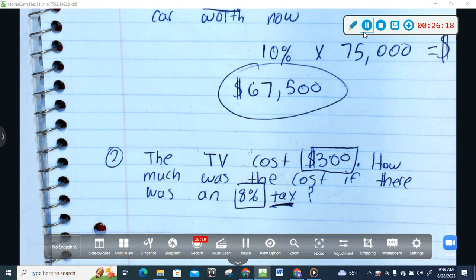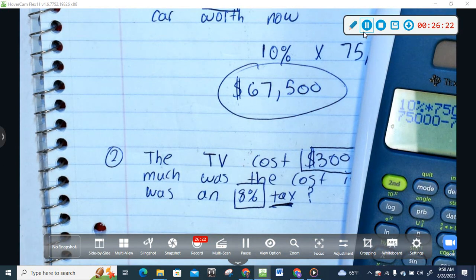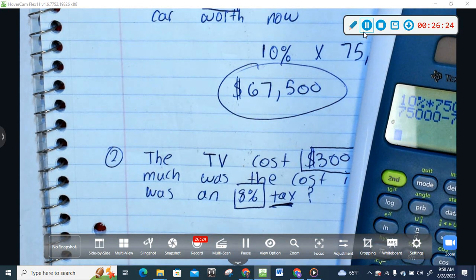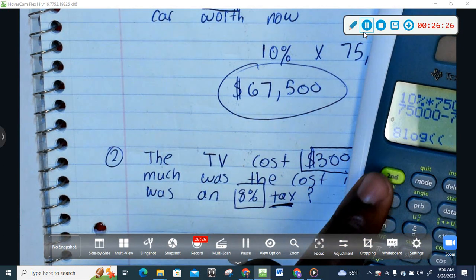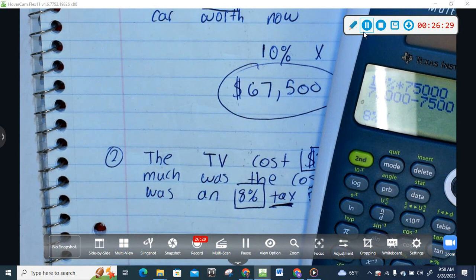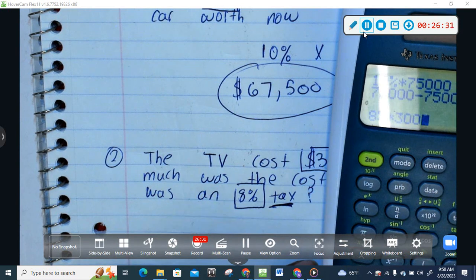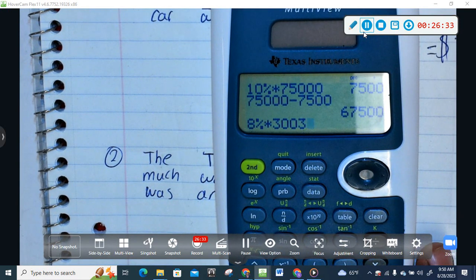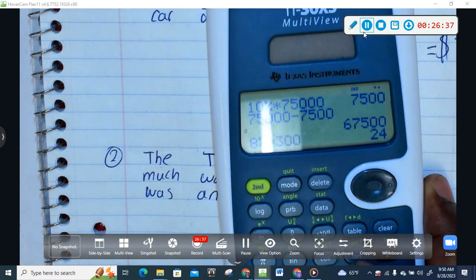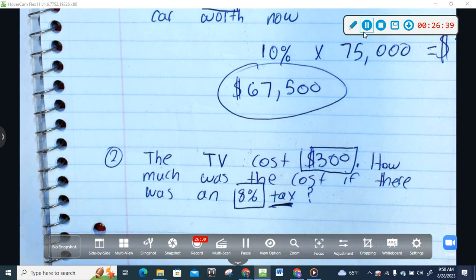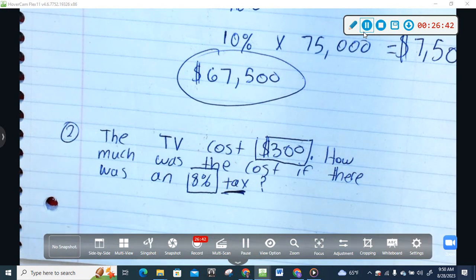Somebody let me know what you get. So let's see. 8%, my bad, I'll keep doing that, times 300. Good, 24. So that tells me how much money I'm paying in taxes.